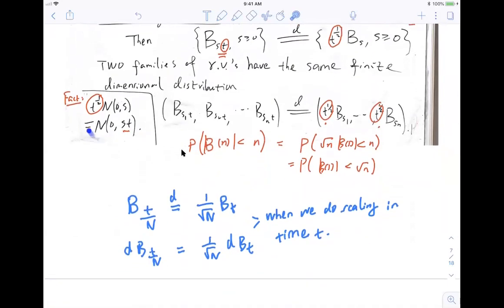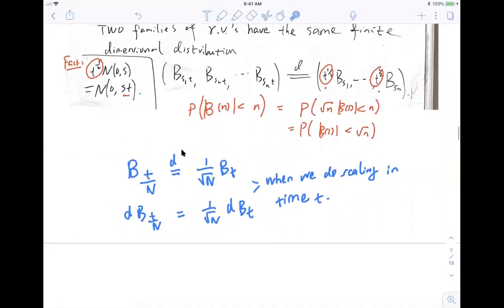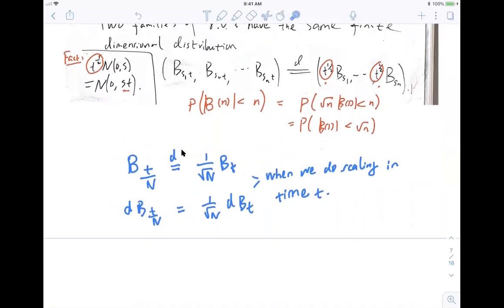This is basically from this fact, and also the independence. You probably see this a lot. If you do time scaling, where you change the units, this is still Brownian motion, and you just get 1 over square root of n times B_t.